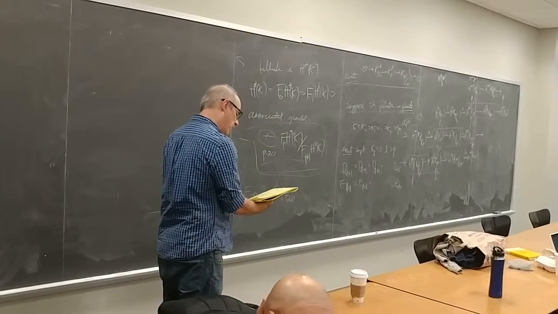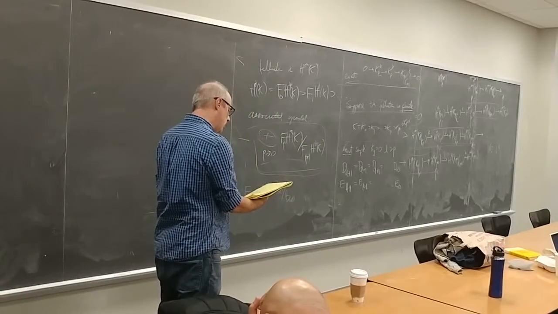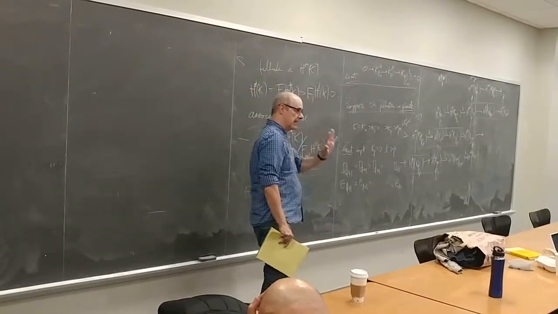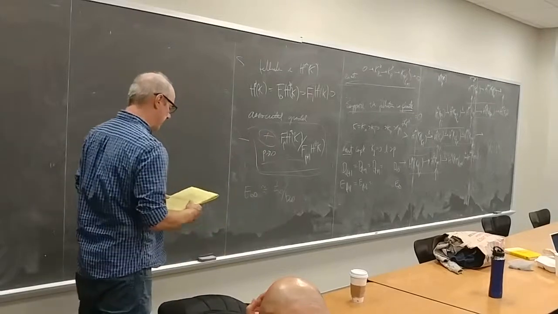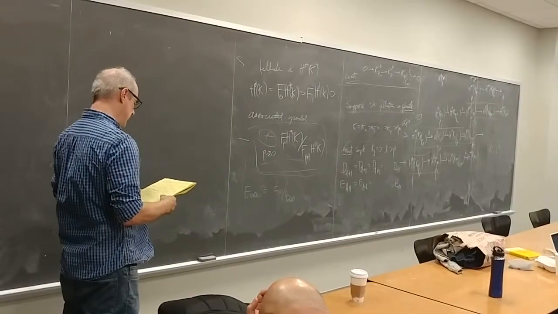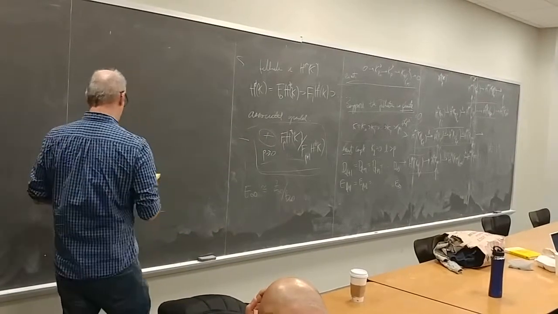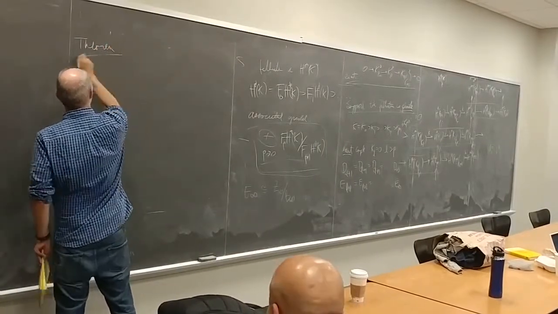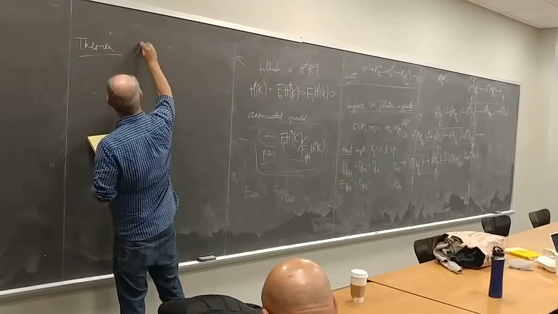It's really not a big deal. So what we're going to do, and now I really do want to assume that K is graded, because the grading is now going to play a role. So let's suppose, here's the theorem.